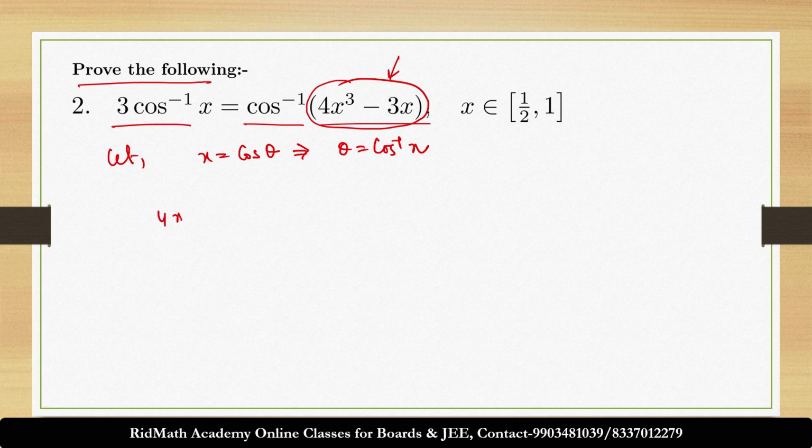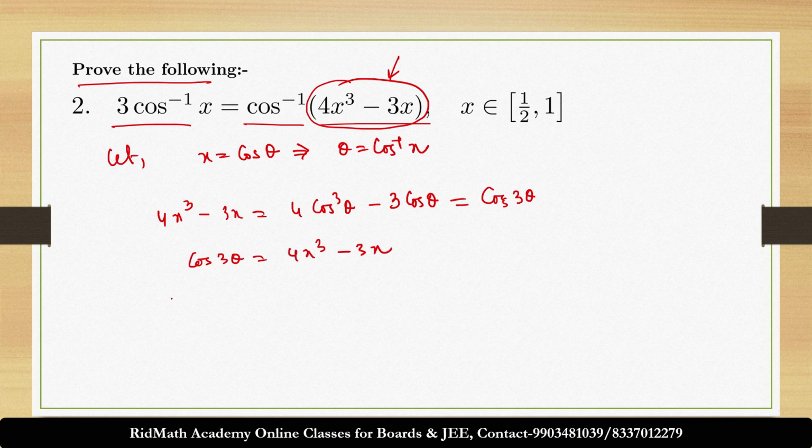So 4x cube minus 3x, that means 4 cos cube theta minus 3 cos theta, and we know that 4 cos cube theta minus 3 cos theta is equal to cos 3 theta. So again we are getting cos 3 theta equal to 4x cube minus 3x. So that implies 3 theta equal to cos inverse 4x cube minus 3x.